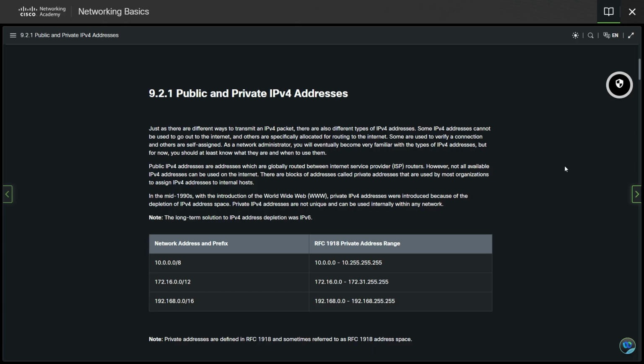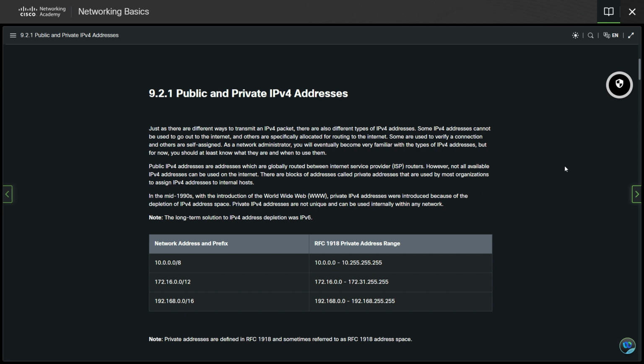Some IPv4 addresses cannot be used to go out to the internet, and others are specially allocated for routing to the Internet. Some are used to verify a connection, and others are self-assigned. As a network administrator, you will eventually become very familiar with the types of IPv4 addresses, but for now, you should at least know what they are and when to use them.